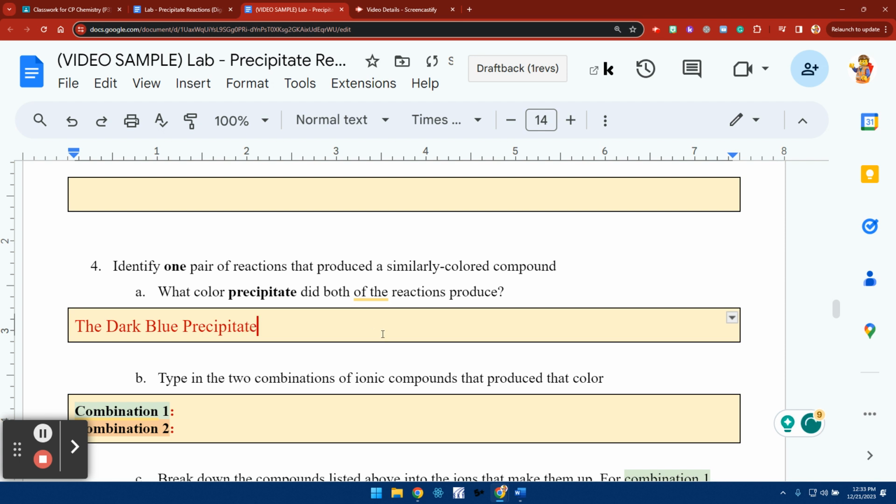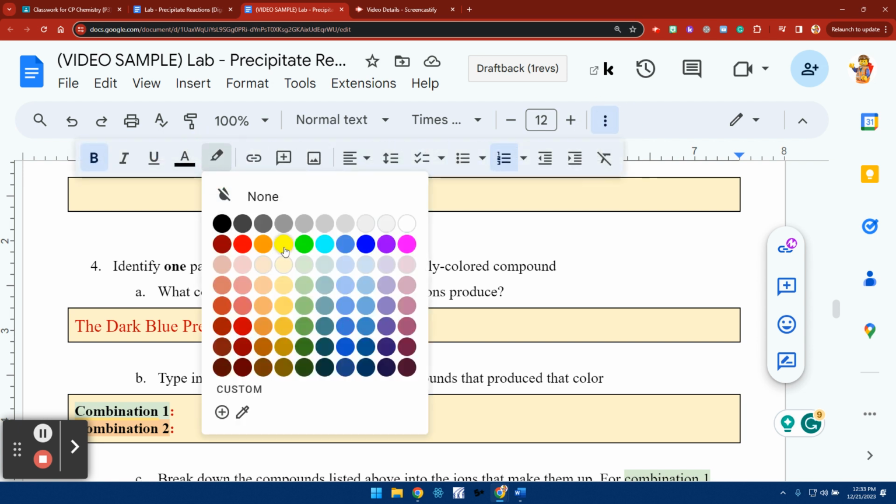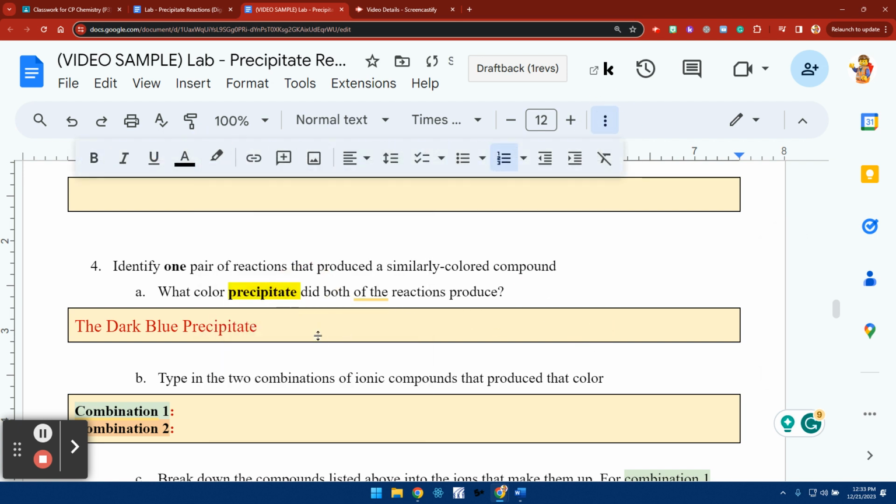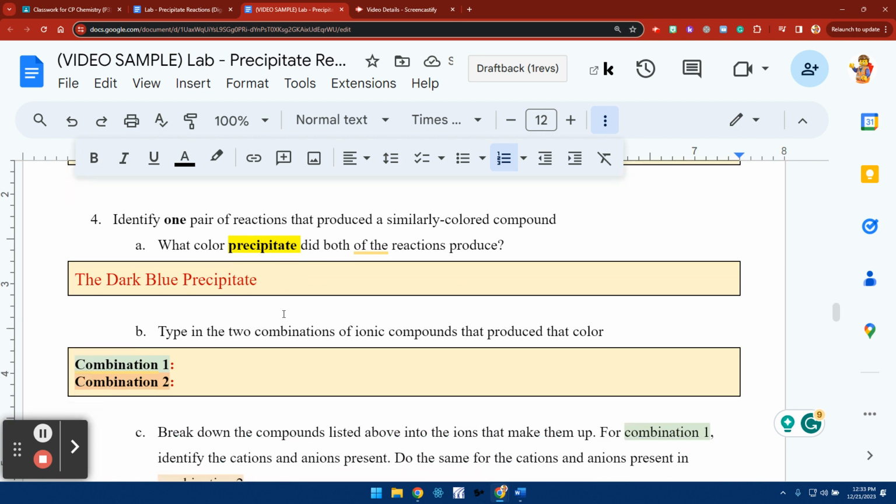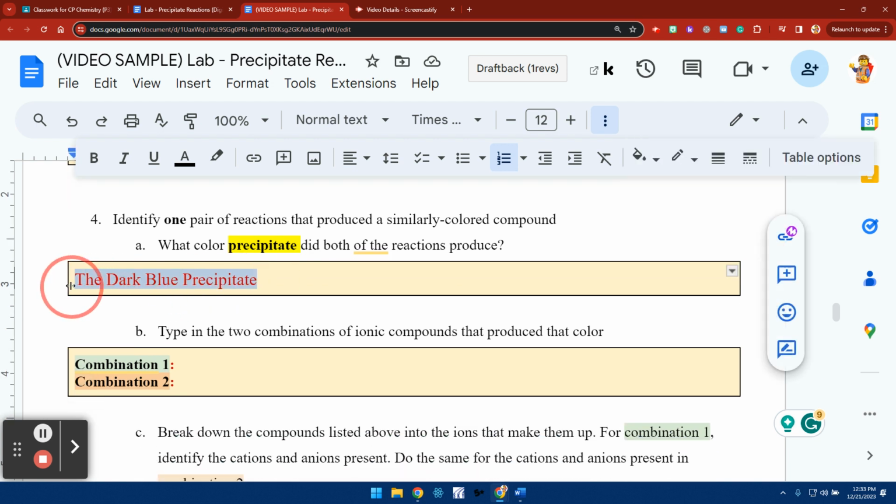In case you didn't read the notes from this section, a precipitate is just a solid compound that can result from combining 2 dissolved substances together. So the blue precipitate, maybe you're going to do the red or the yellow or the orange or the cloudy white. I'm going to do this make-believe blue precipitate.